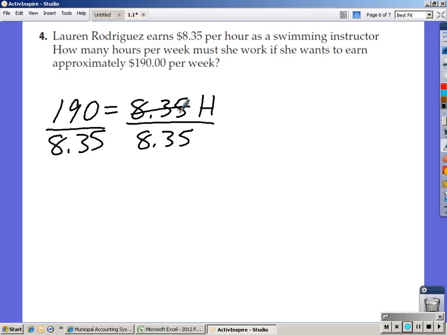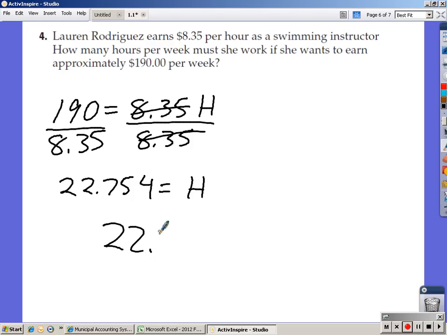This cancels. 190 divided by 8.35 is 22.754 hours. Well, right there, we don't have to round up on this one because it's approximately $190 at 22.75 hours. So the answer is 22.75 hours.